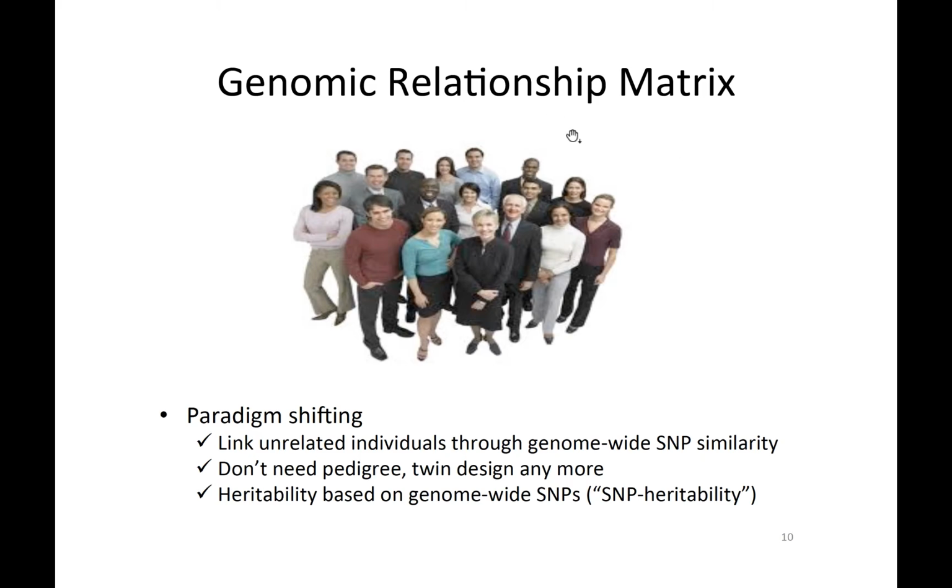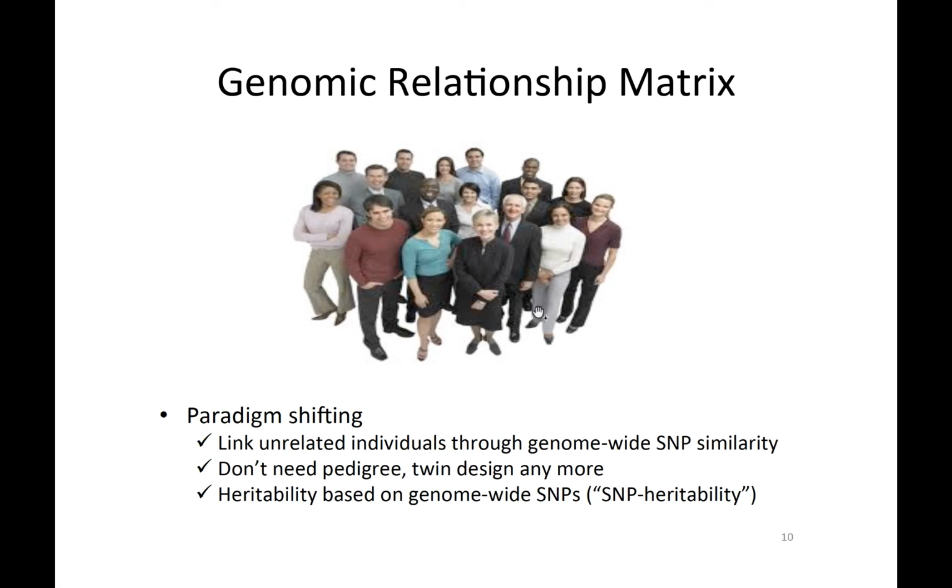So why is this genomic relationship matrix a paradigm shift? That's because it can link unrelated individuals through genome-wide SNP similarity. Previously, based on pedigree, there was no way to link these two unrelated individuals, right?